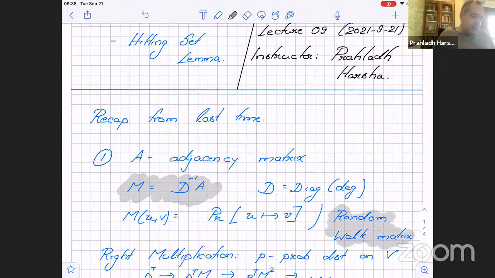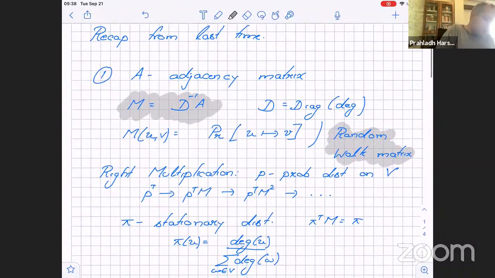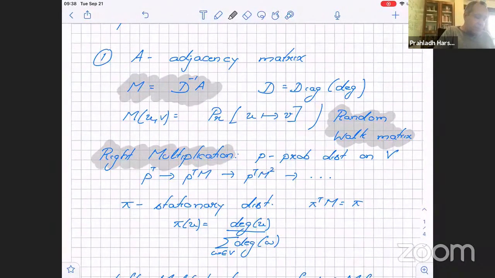We viewed this matrix from the view of right multiplication, in which case it took a probability distribution p on V and transformed it from p transpose to p transpose M. This represents the random walk as t proceeds. We also saw that there is a nice stationary distribution for this walk: the distribution proportional to the degrees.